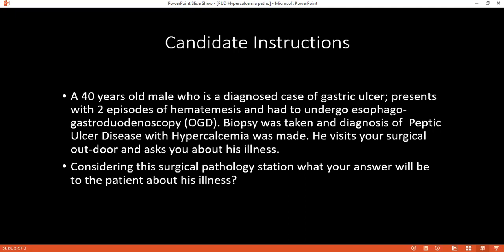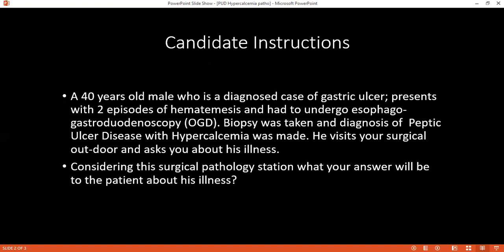In this case, the patient's biopsy report confirmed peptic ulcer disease with hypercalcemia. What does this hypercalcemia signify?